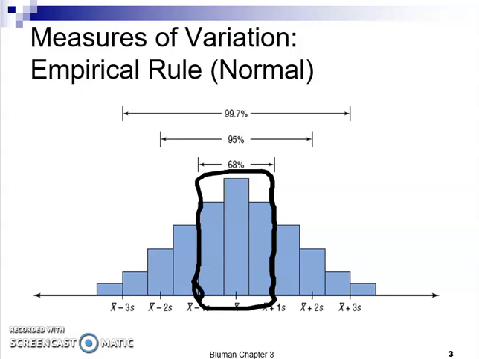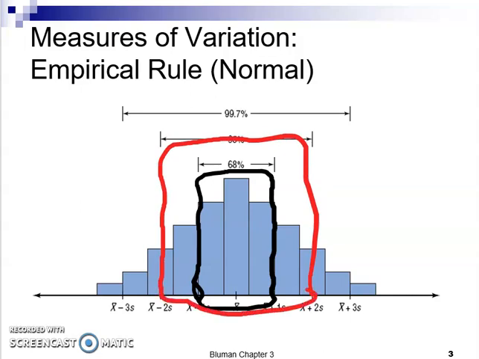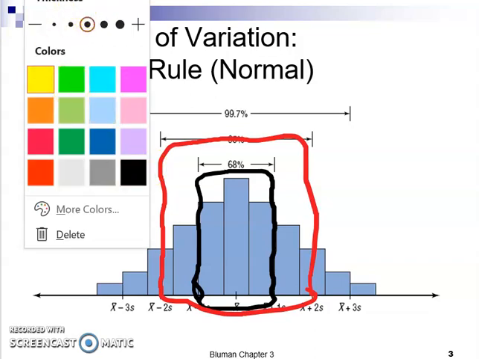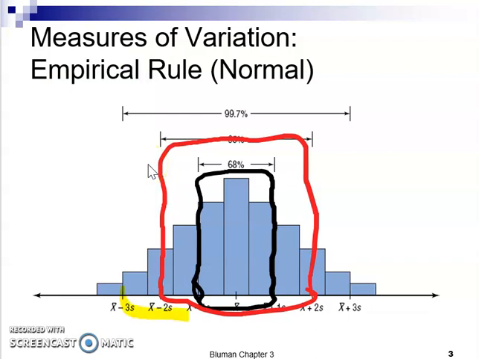Within 2 standard deviations, so if we go out another standard deviation, 2 to the right of the mean and 2 to the left of the mean, then that accounts for 95% of the data. And if we go out 3 standard deviations, then that brings us to here, and we have 99.7% of the data.